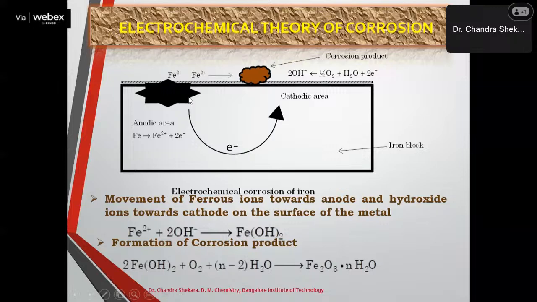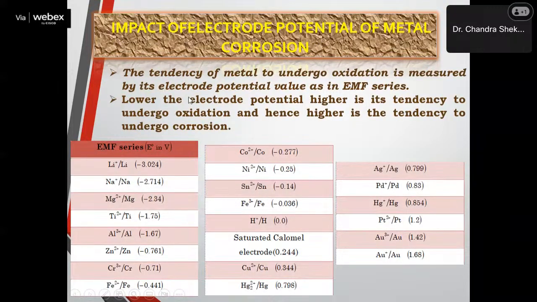Now, we have so many metals in nature, and each metal, when exposed to the environment, shows a different tendency to undergo corrosion, a different tendency to undergo oxidation. From the electrochemical theory of corrosion, we understood very clearly that corrosion of the metallic material is mainly because of the oxidation of metal at the anodic area.